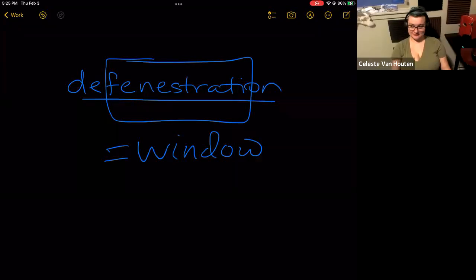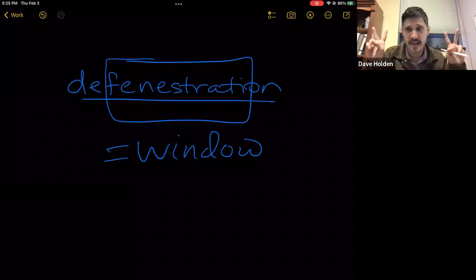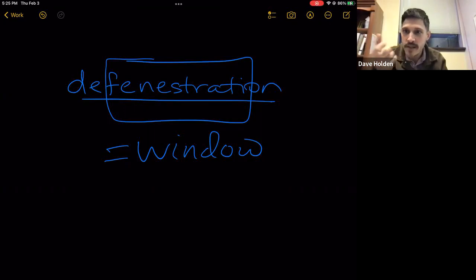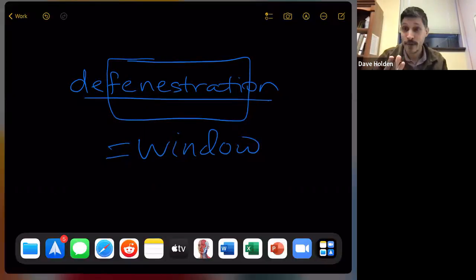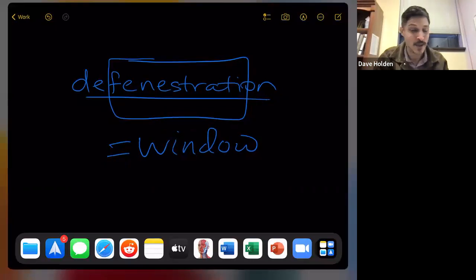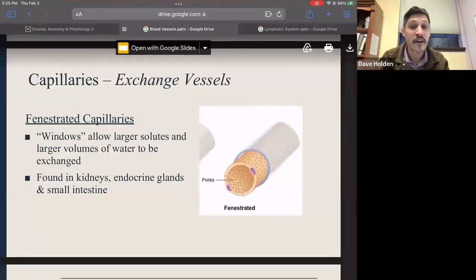Yes. So defenestration, when we talk about fenestration, we're referring to a window. That's really the root of what we're looking at. I realize that this has been quite a bit of a detour, but when we talk about fenestrated capillaries, notice that root word. We're talking about something related to a window.